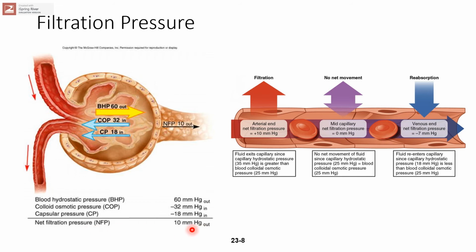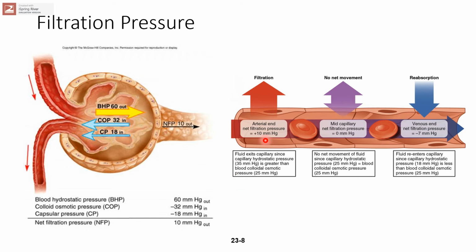Okay, and finally the net filtration pressure is about 10 mm of mercury, and this pressure differs in different areas of the capillary. So in the arterial end, obviously it can withstand significantly more pressure.